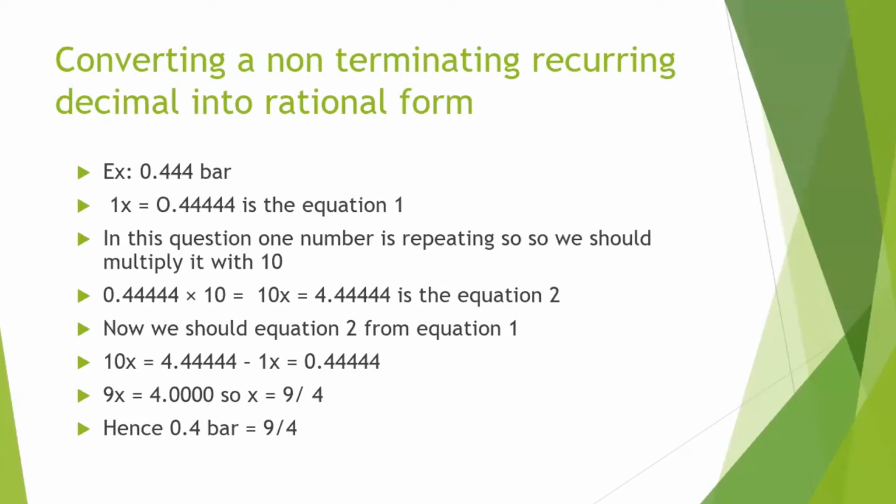So 10x is equal to 4.4 recurring is equation 2. Now we should subtract equation 1 from equation 2. 10x is equal to 4.4 recurring minus x is equal to 0.4 recurring. 9x is equal to 4. So x is equal to 4 by 9. Hence 0.4 bar is equal to 4 by 9.